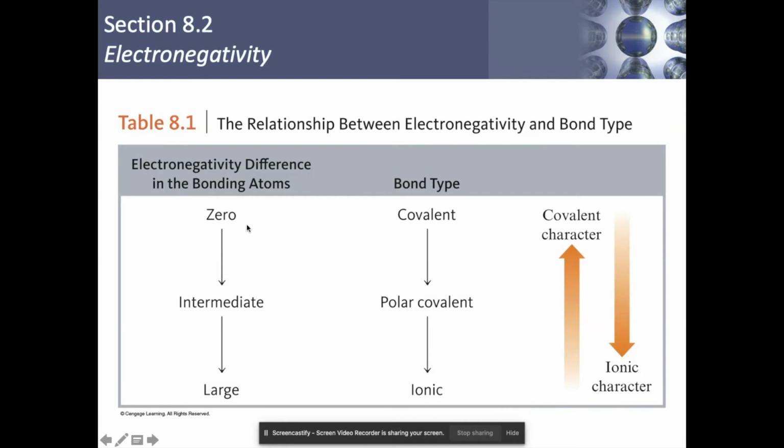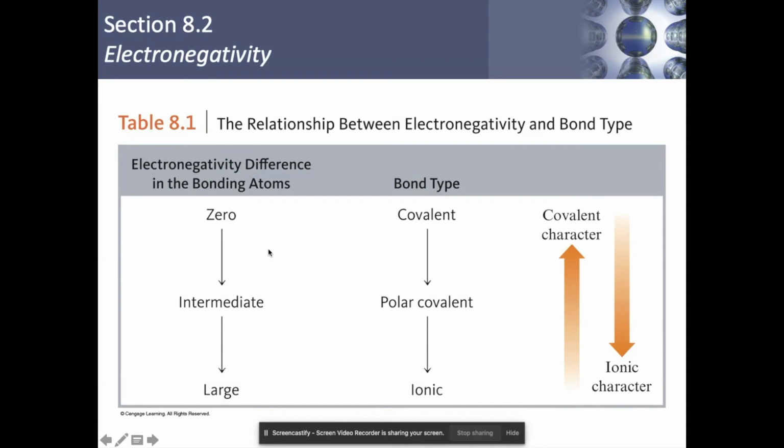On the other hand, if you have a very large difference between the two electronegativities, then you have more of an ionic bond between the two, because then you're more likely to have one of the elements just kind of steal or take the electron completely from the other atom. And then you have the intermediate, polar covalent, which is, again, somewhere in between the two.